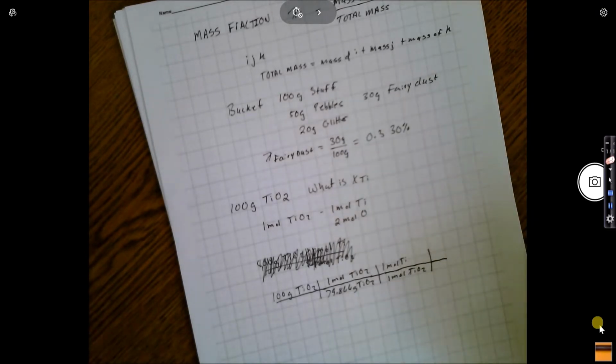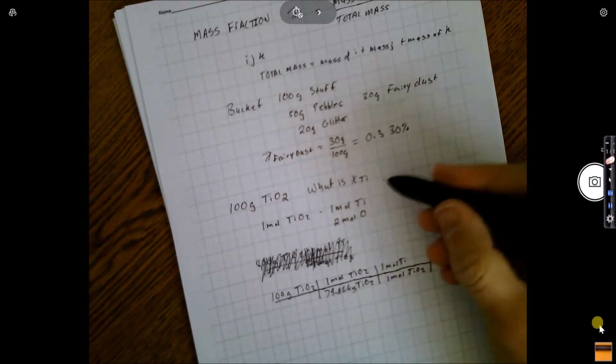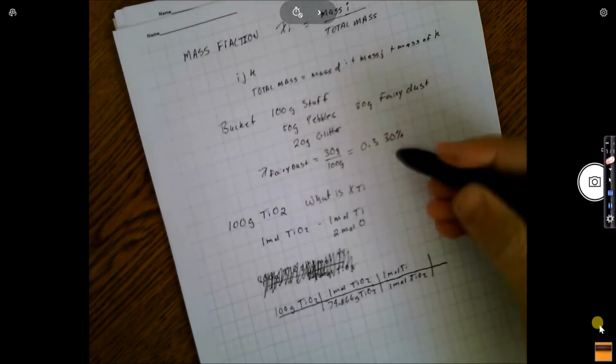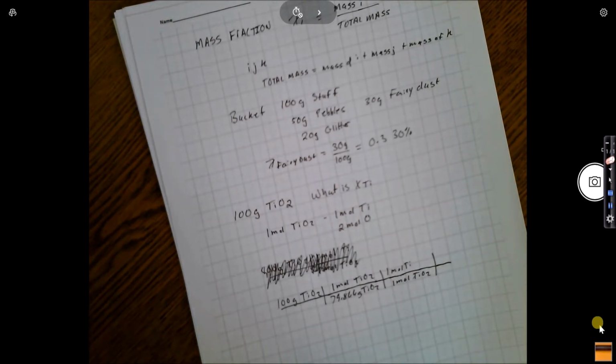The final thing we want, because we're trying to figure out the mass fraction of titanium, is the mass of titanium in 100 grams of TiO2. So where are you, periodic table? Here you are. Periodic table, titanium, Ti.